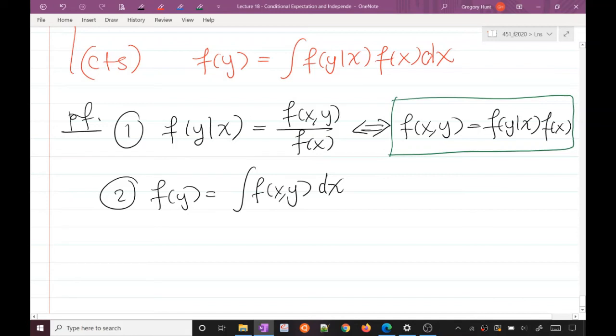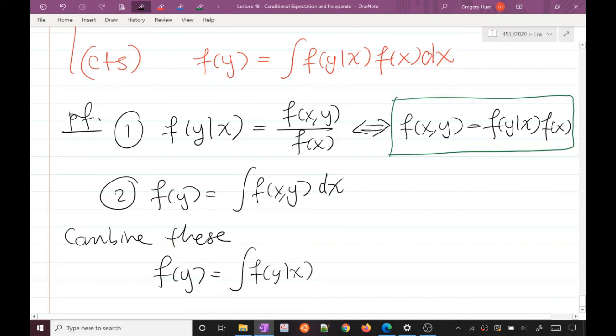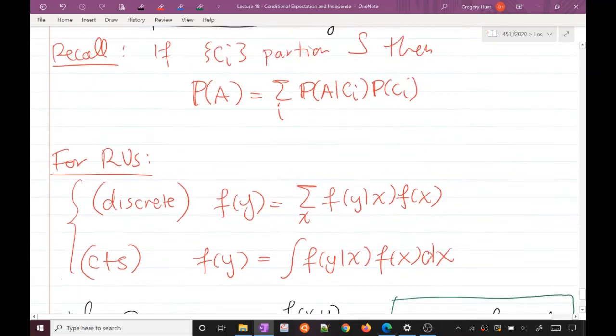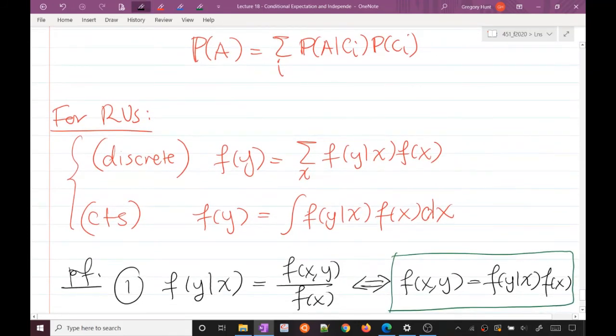If we combine these, we get that the marginal of y is the integral of, instead of the joint, f of y given x times f of x dx. And that's exactly what we're calling the law of total probability: I can integrate or sum the conditional times the marginal, and I get the other marginal.